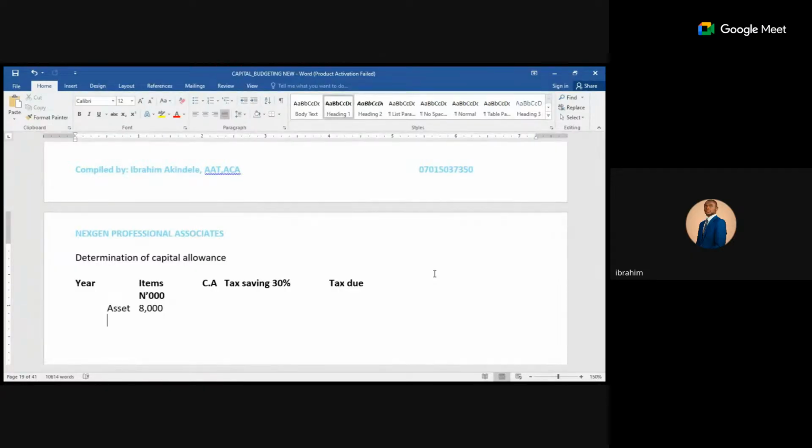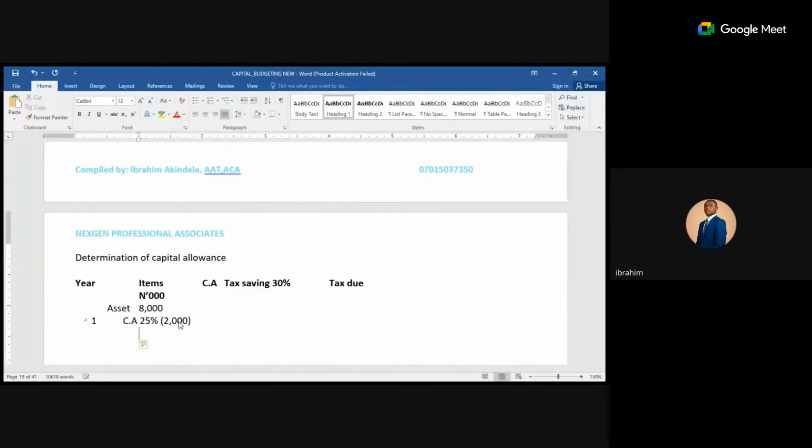So capital allowance, how many percent? 25. So what is the 25% in the first year? What is the 25% of 8,000? We have 2,000. So you have to remove it to have your tax written down value.